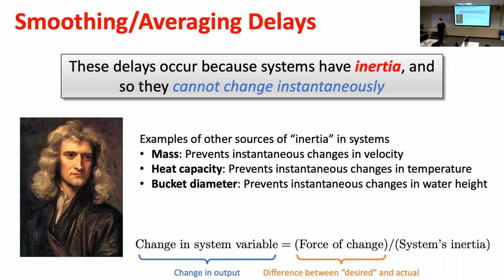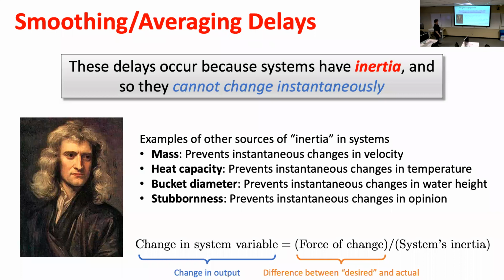As I trickle water into a bucket, the wider the bucket, the slower the water level rises in the bucket. If it's thinner, like a test tube, then the same trickle of water causes the water level to change very quickly. And then we get into more abstract things like stubbornness. I might need to model in a dynamical systems model certain populations and how willing they are to adopt an idea.